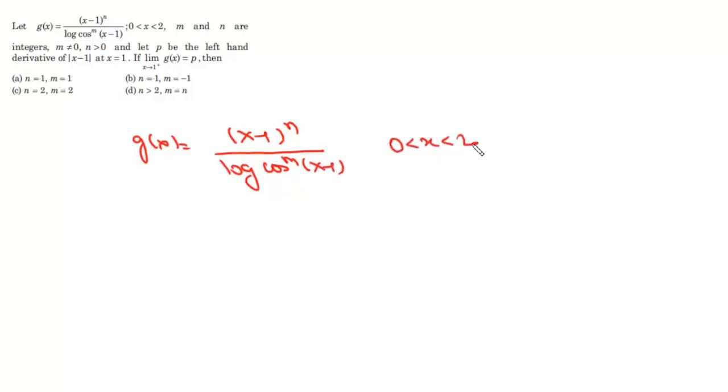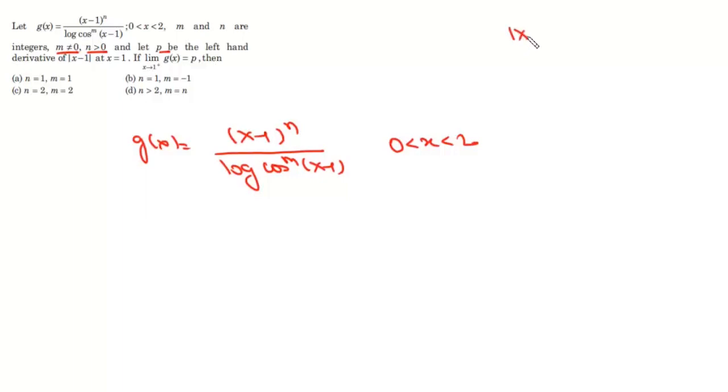Now here is the question we are given. This function g(x), which is mod x minus 1 to the power n upon log cos to the power m (x minus 1) when x lies between 0 and 2, where m and n are integers and m is not equal to 0 and n is greater than 0. Now p is the left hand derivative of mod x minus 1 at x equals 1.